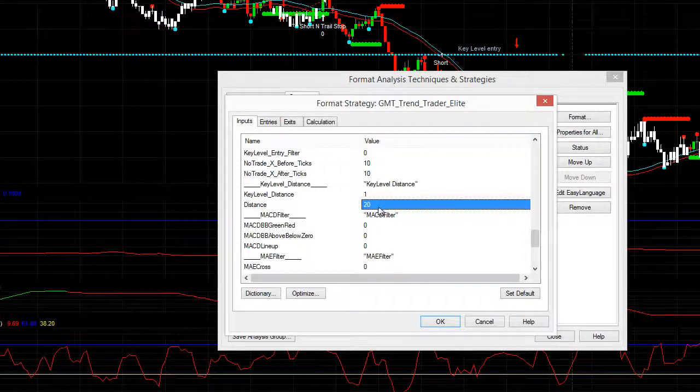For this example, we're trading the Trend Trader Elite and we can run an optimization on that distance to see how much that improves the overall performance of the system. So that's our key level distance, in case you were planning to use that as part of your testing. Definitely go in there and start testing, because that should offer you some really good opportunities on some of the strategies that we're using.